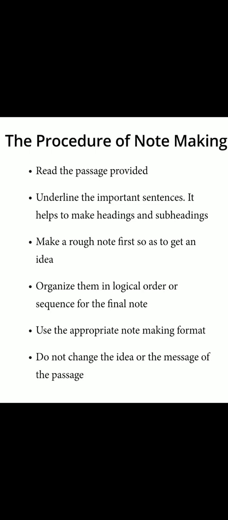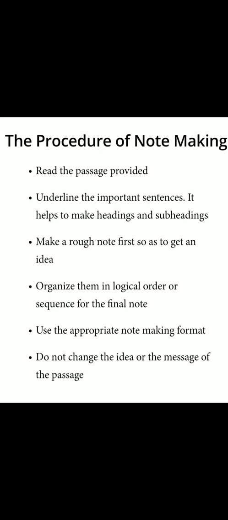Now the procedure of note making: read the passage provided, obviously, like you read all unseen passages before answering. Underline the important sentences. The best way is, please don't read the unseen passage twice, because in the English paper generally you don't have that much time. So the first time you read the unseen passage, with your pencil or highlighter, whatever you have in your hand, underline the main points.